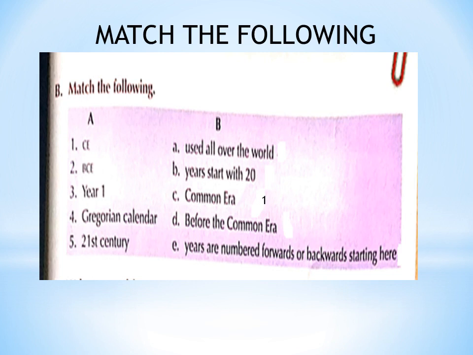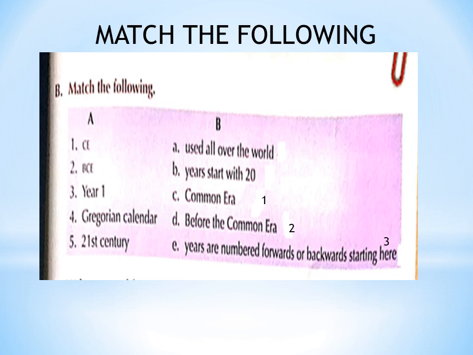What will be the match for this one? From column B it will be D, before the common era. Let us move to number 3, year 1. Which will be the match for this one? Number E: years are numbered forwards or backwards starting here.